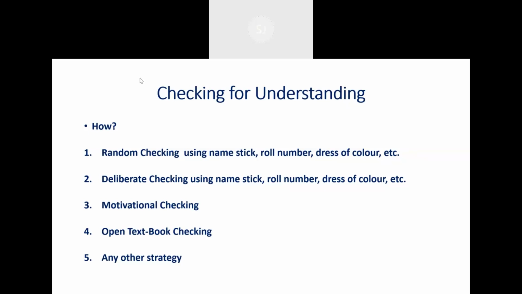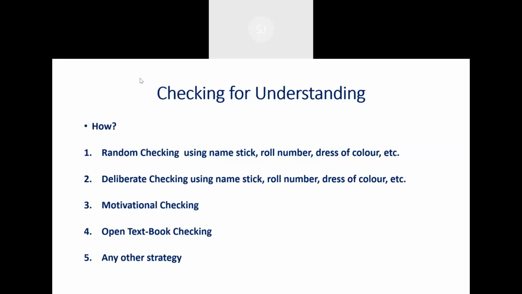The first strategy is random checking using name sticks, roll number, race of color, date of birth, etc. I'll tell you how. You'll make name sticks, and suppose a topic is over, you take out the name of a child and ask what is the answer to this particular question which we are discussing, and see whether the child has understood or not.